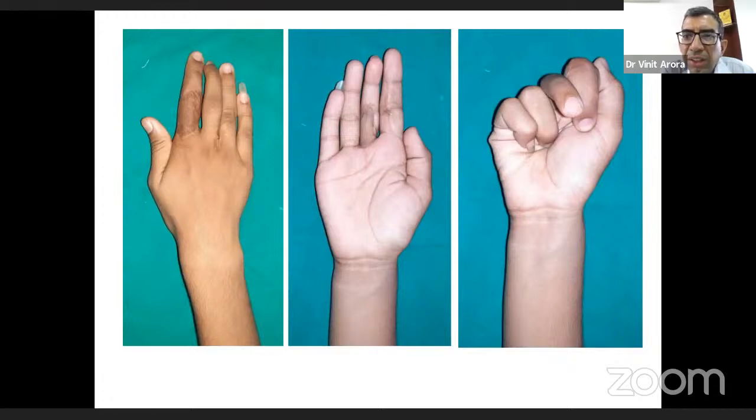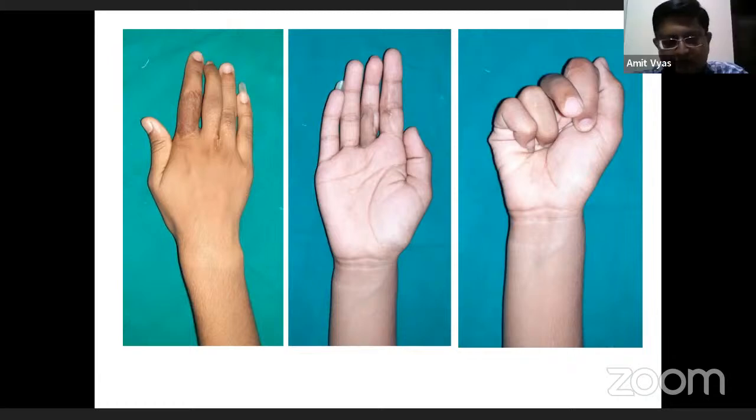You cannot do anything about that, and you have to recreate the pulley. First of all, test the fingers for passive flexion, and see if it is a completely supple finger. Sorry, I have not mentioned, it is quite supple.